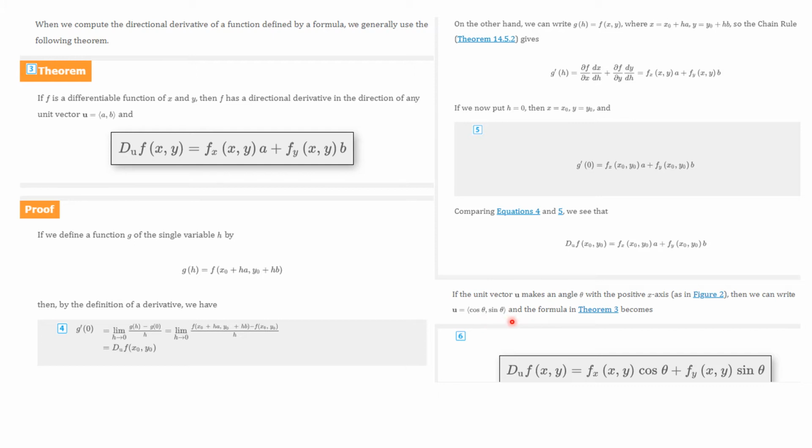So I can substitute into this formula, and the directional derivative in that unit direction is given by f sub x, that is the partial of f with respect to x, times the cosine of theta, plus the partial of f with respect to y times the sine of theta. And these are very much the computational formulas that you will be using.